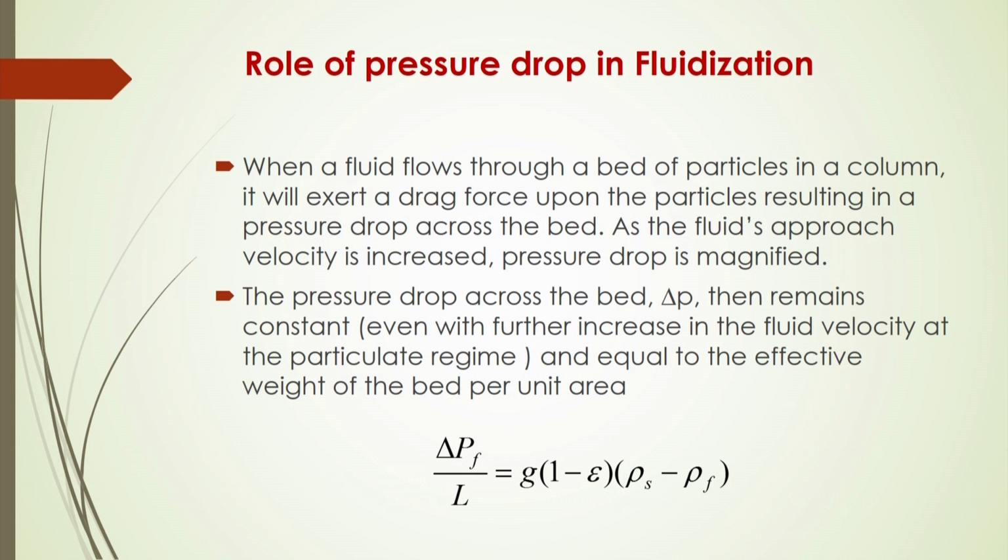Also, this will be equivalent to the effective weight of the bed per unit area. Now, this frictional pressure drop per unit length is nothing but the apparent weight or effective weight of the bed per unit area here.